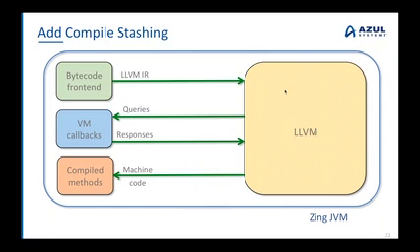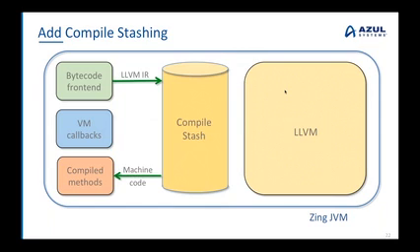So all of the machine instructions for those methods we can dump to a file, and we call that our compile stash. Now, rather than having to go through this process when we start up the application, where we take the methods we know we have to compile, pass the intermediate representation to LLVM, have it do the queries and responses, go back, generate machine code, what we can actually do is replace that with the compile stash.